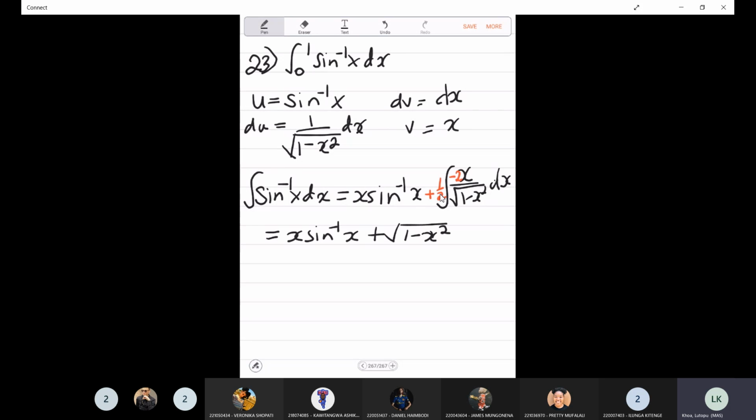Okay, so with the indefinite integral, we would have the constant there, but the question said we need the definite integral from 0 to 1. So now we work it out.